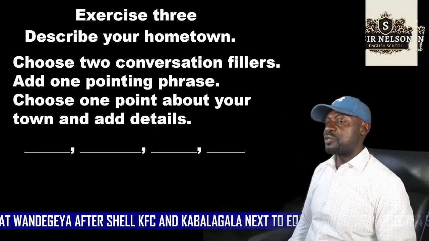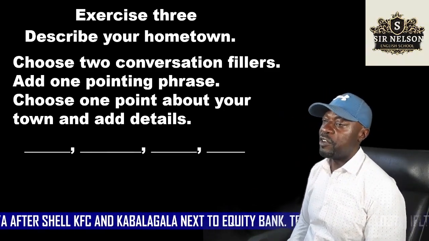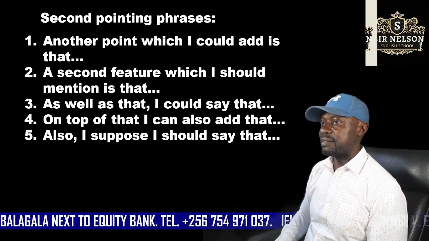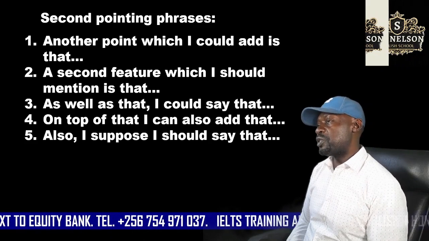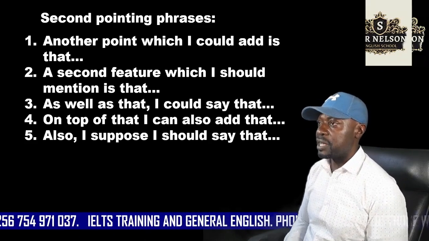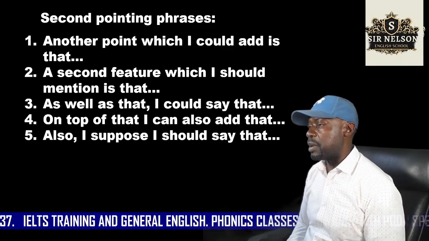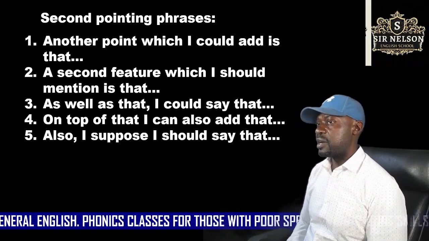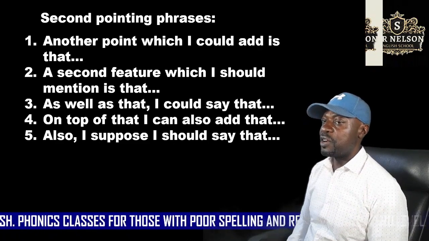Exercise, describe your hometown. Choose 2 conversation fillers, add 1 pointing phrase, choose 1 point about your own, and add details. Now, after choosing one, you go to another one. When you're talking about your hometown, there are many things to talk about. You have finished one, we need to go to the second one. But before that, you choose one of these.